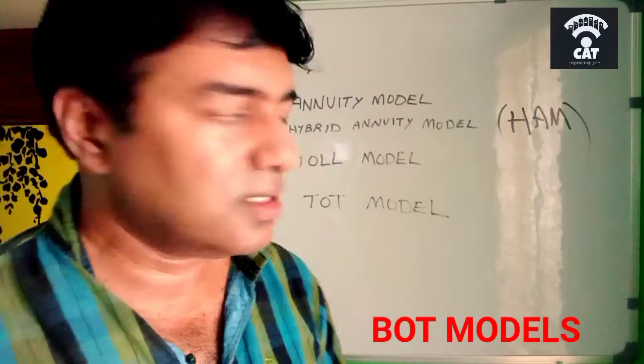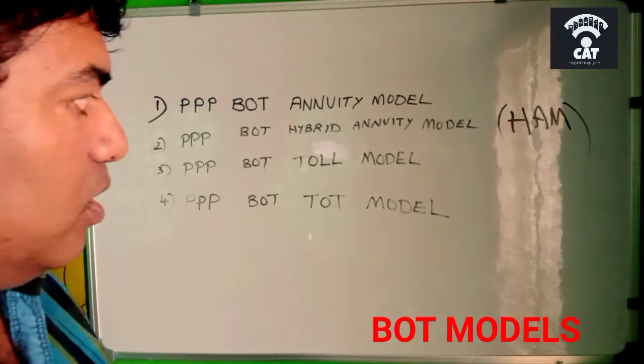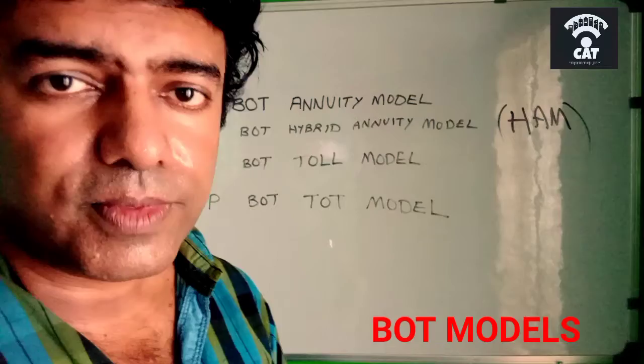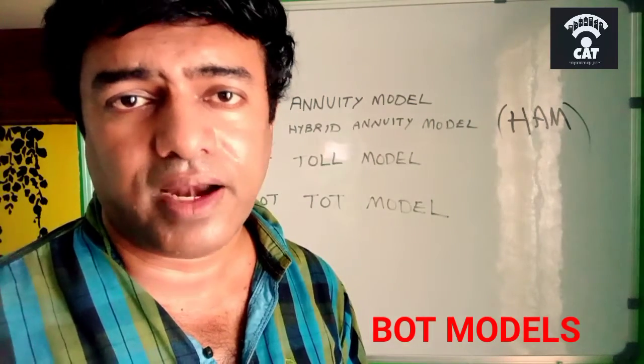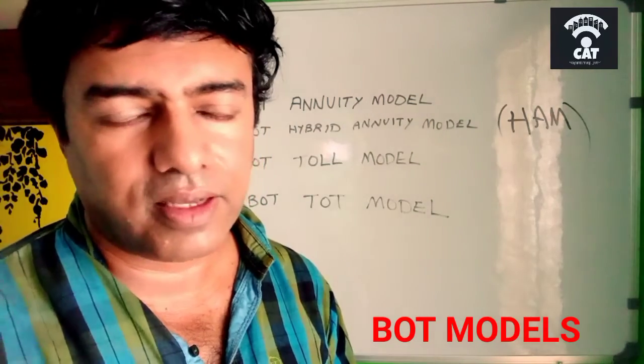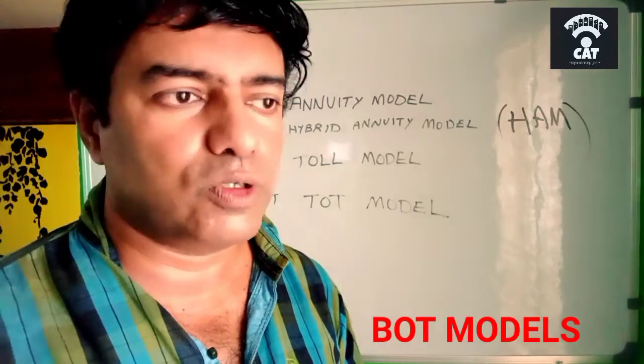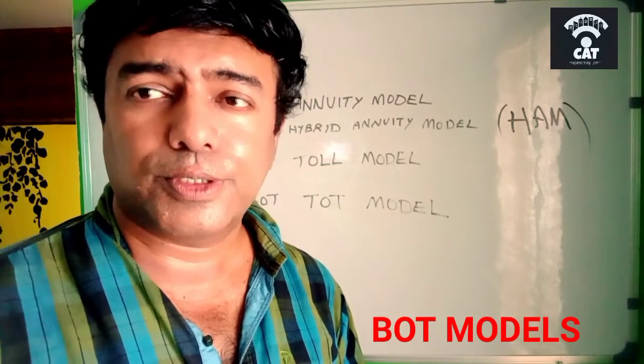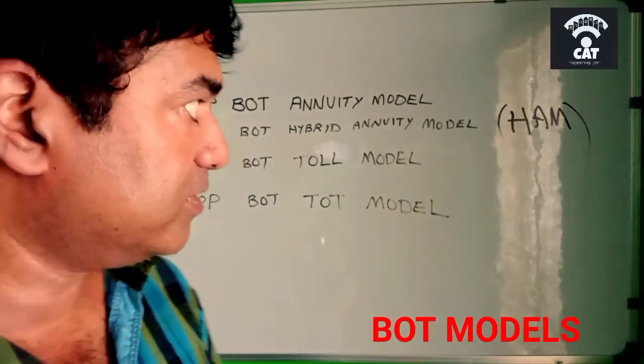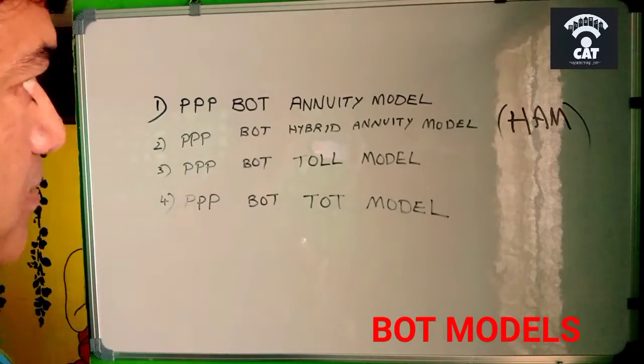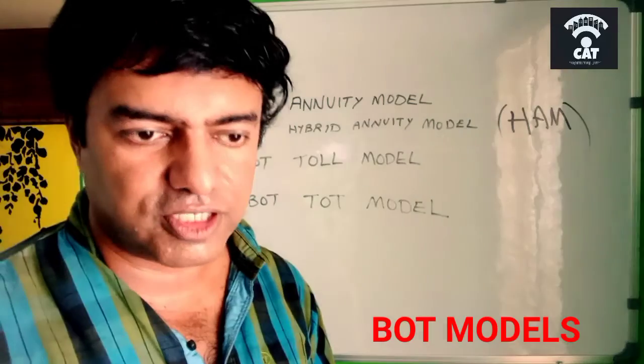So that is another thing, TOT, toll, operate, transfer. That means it's a way of making more money by the government and also some private enterprises. So these are the ways by which these BOT models are functioning.